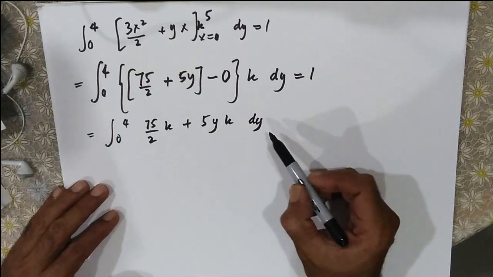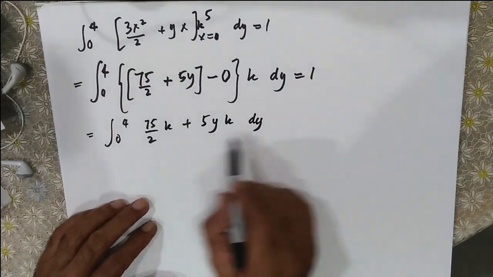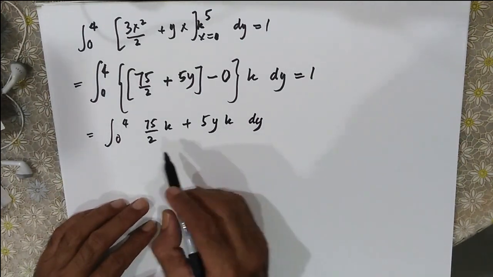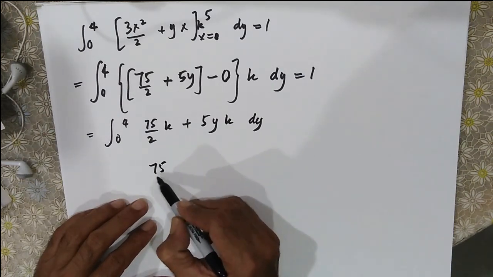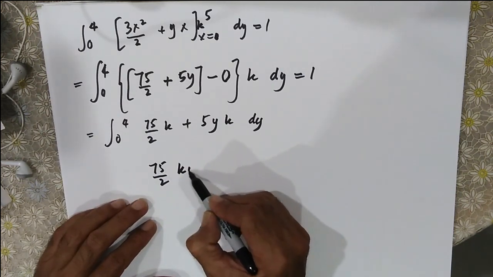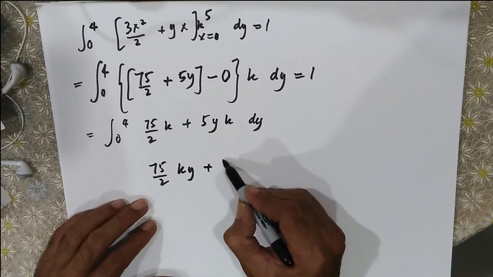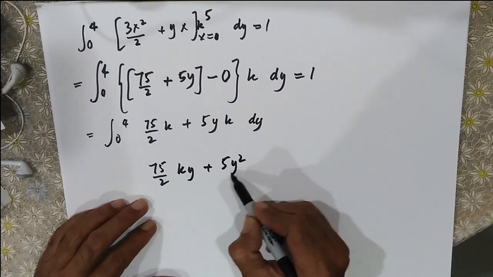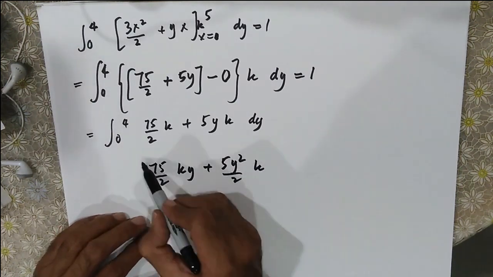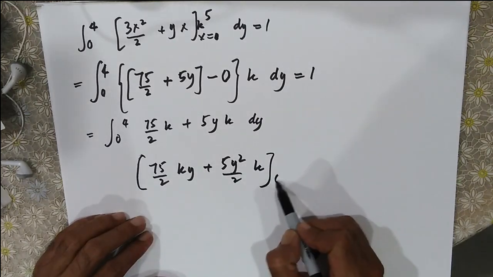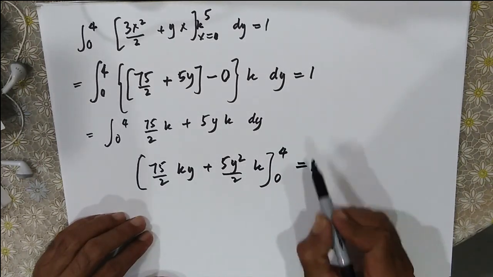I want to integrate here. So if I integrate with respect to y, I get 75 over 2 ky plus 5y squared over 2 k. Then substitute for 0 to 4. This must equal 1.